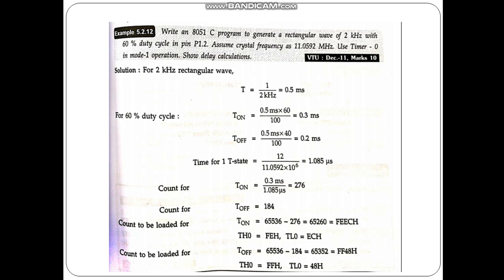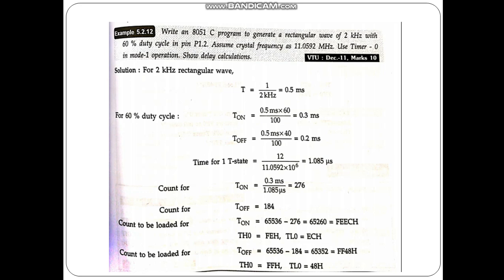Let us see what should be the value that has to be loaded into the THTL register in order to get a delay of 0.3 milliseconds and 0.2 milliseconds. For 0.3 milliseconds, the value of TH and TL is obtained as FEECH, and for T off, that is for a delay of 0.2 milliseconds, the value that has to be loaded into the THTL register is FF48.